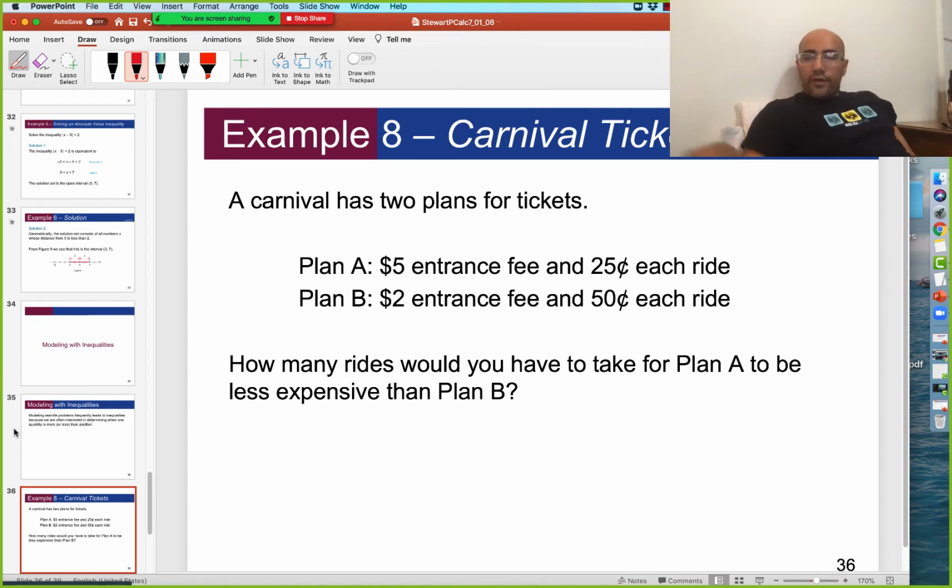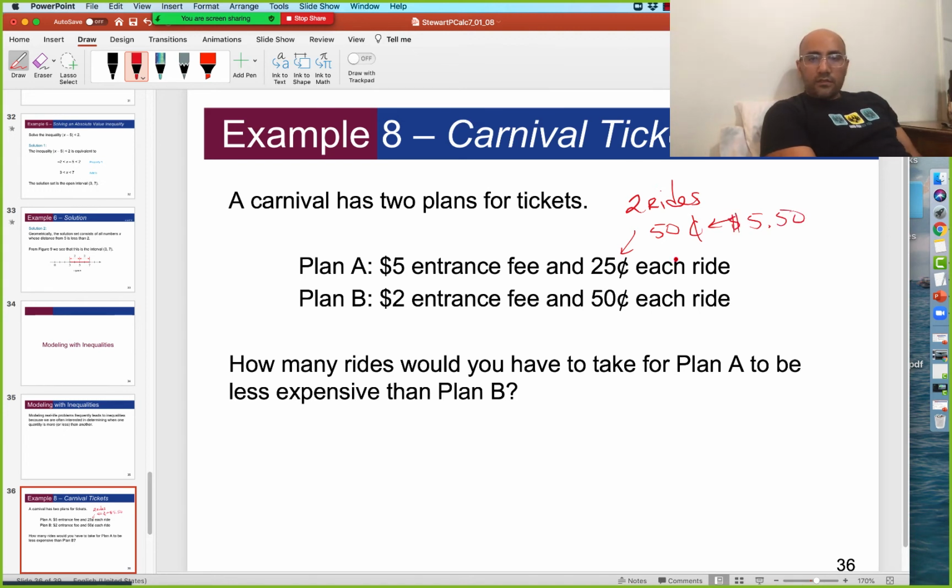Okay, so clearly if we are doing very little, like let's say we only go on 2 rides, under this plan, I would have to pay 50 cents from here, because it's 25 cents per ride, plus my original $5 entrance fee, so I would have spent a total of $5.50.